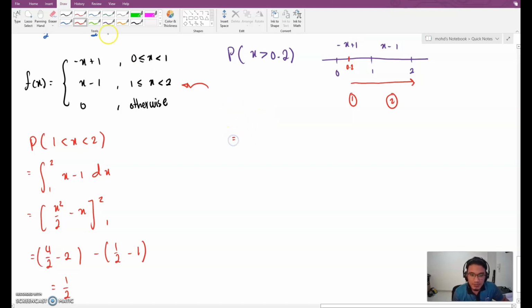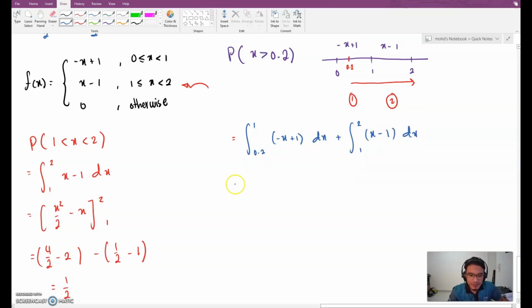So the probability will be the integration from 0.2 until 1 for the function negative x plus 1 dx, plus the second region, which is the integration from 1 until 2 for the function x minus 1 dx.